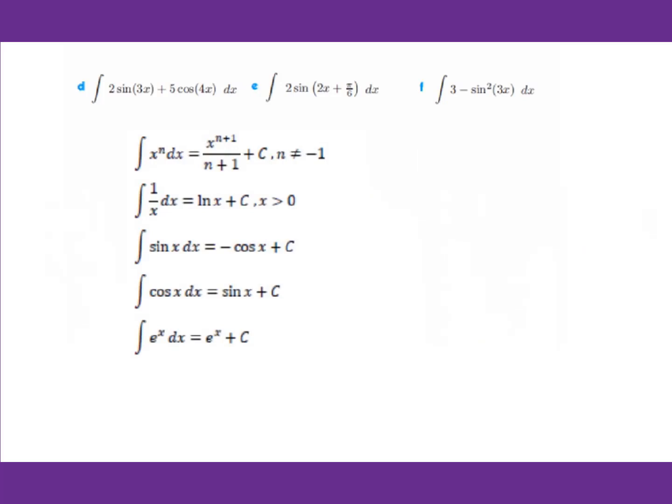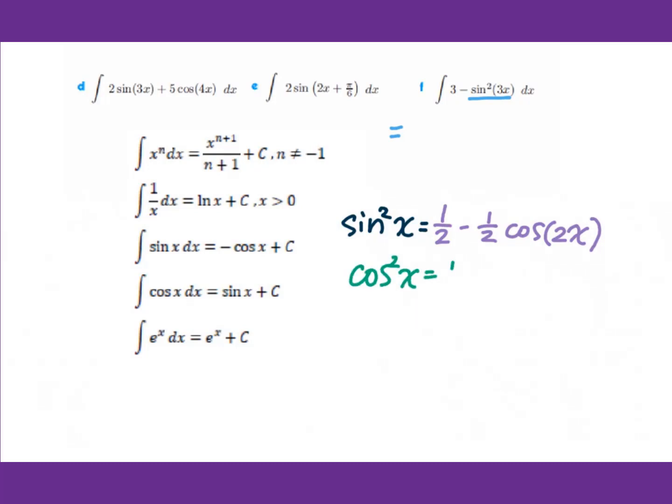Let's go to f. Whenever you have a sine square x, that equals 1/2 minus 1/2 cosine 2x. If it's a cosine square x, it equals 1/2 plus 1/2 cosine 2x.